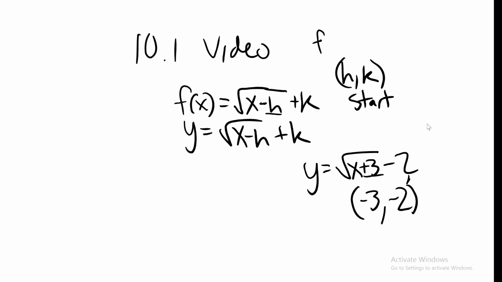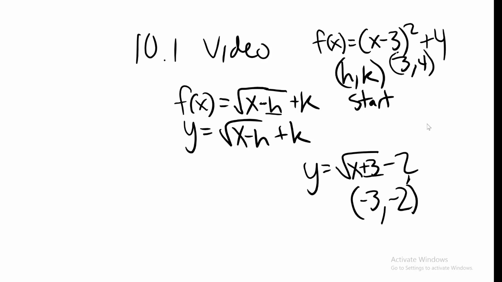You remember during quadratics, we said something like, the vertex of this parabola happens at 3, comma 4, because it's the opposite of this, comma this. And it's the same idea here. We're going to take the opposite of what's inside the square root, that number that's added there, and do comma the number that's on the outside.